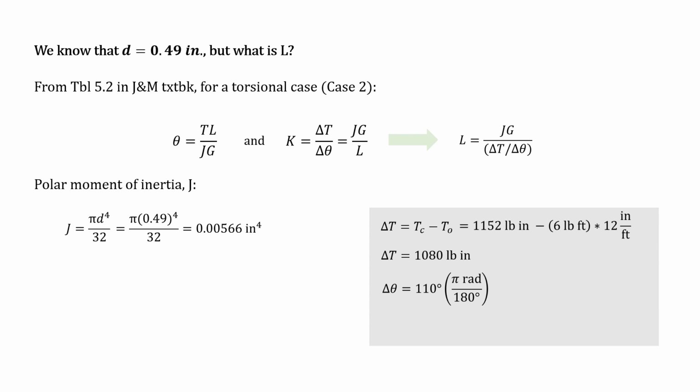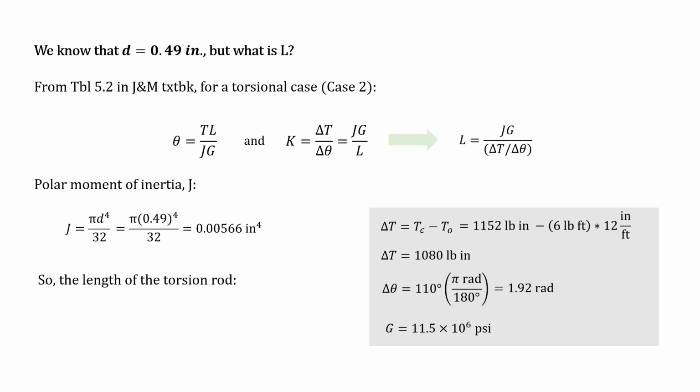As far as our delta theta, so our change in angle, we know that it goes from 0 to 110 degrees, and to get that into radians, you just multiply it by pi over 180, and so your value is 1.92 radians here. And we know that our shear modulus for this material is 11.5 times 10 to the 6th psi.